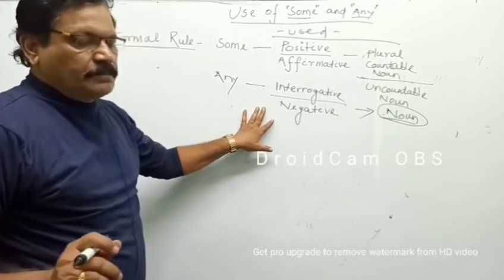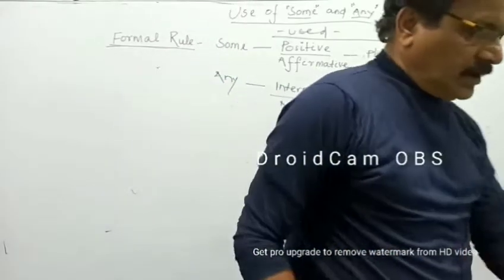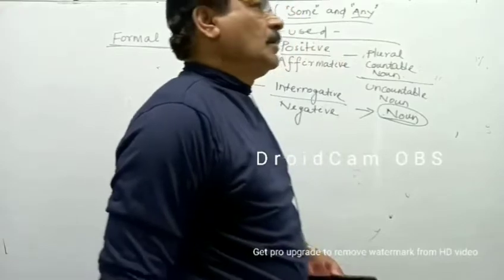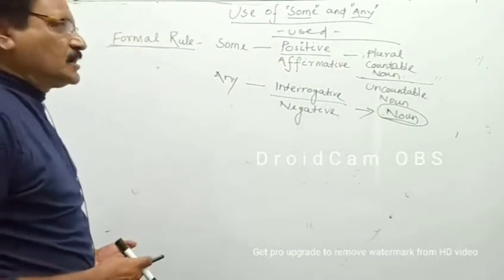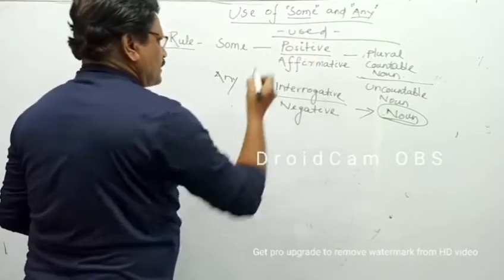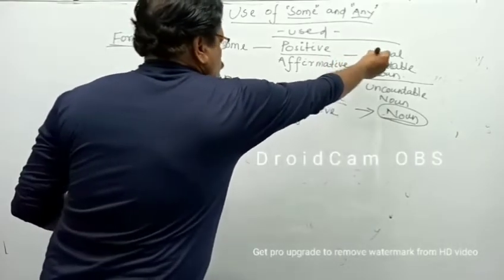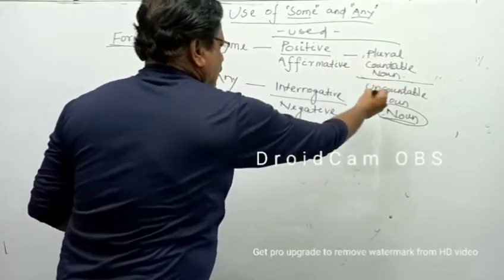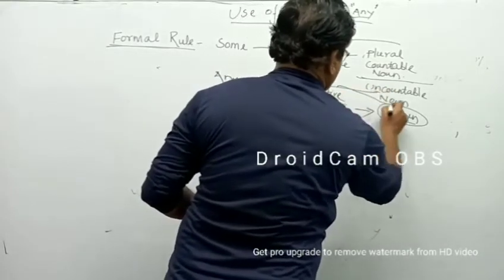Did you understand? Yes, sir. In your books, up to 10th class, it is discussed that some is used in a positive or affirmative sentence, before plural countable nouns and uncountable nouns.